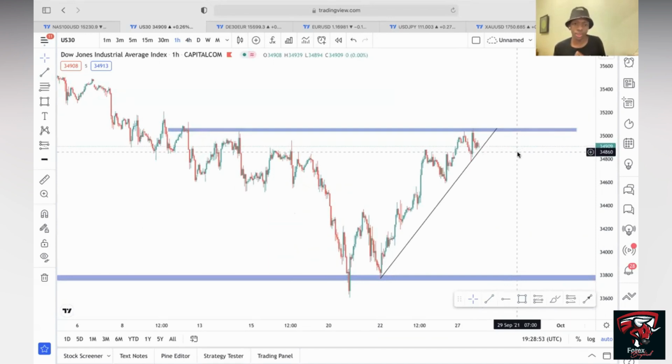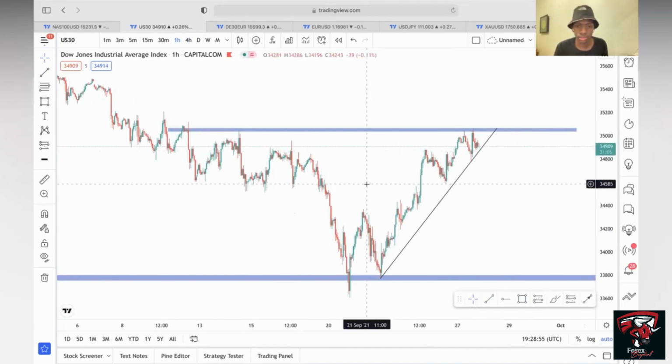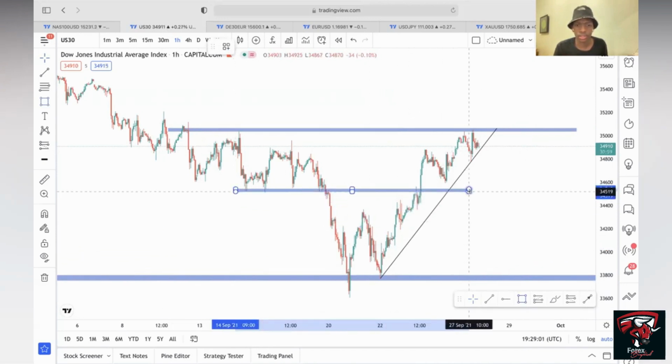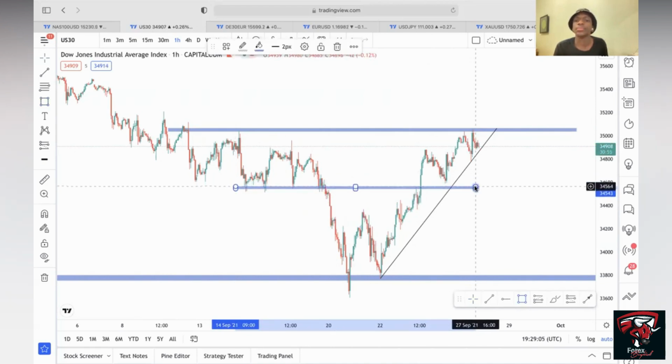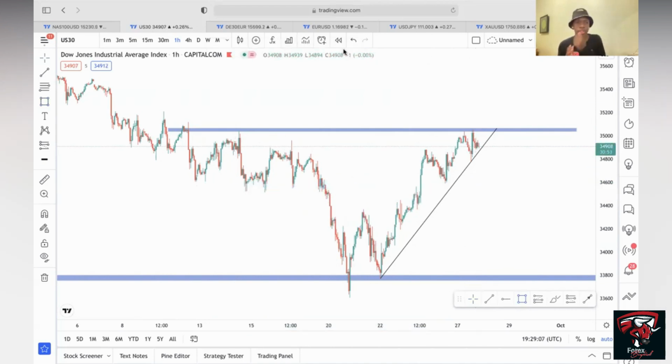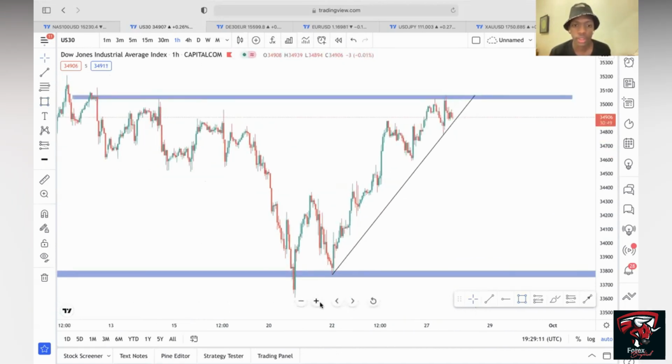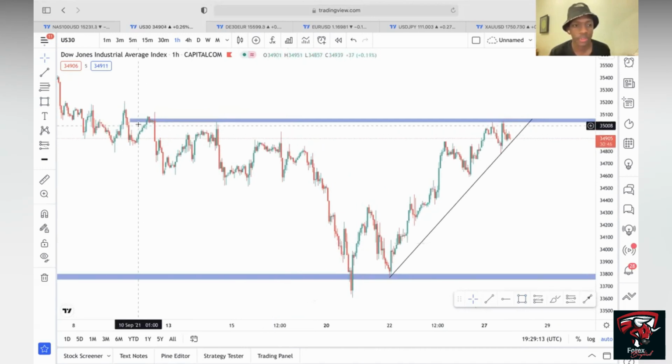So guys, looking at US 30, I just want to draw this one in to see if there's, okay, nah. Pretty much looking at US 30, guys, we can see that this zone over here is extremely powerful.